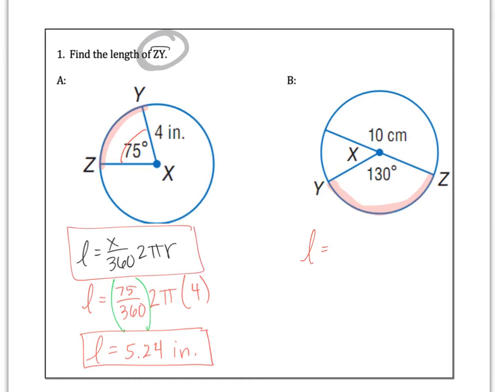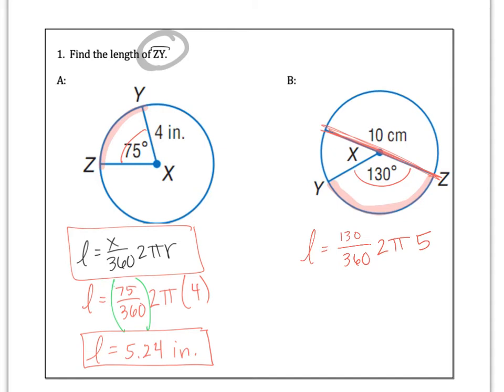What do you think we put in for the x? 130. So it's 130 out of 360 times 2 times pi. And now what's the radius? Well, this 10 goes all the way across, so the radius is half of that. The radius is going to be 5.